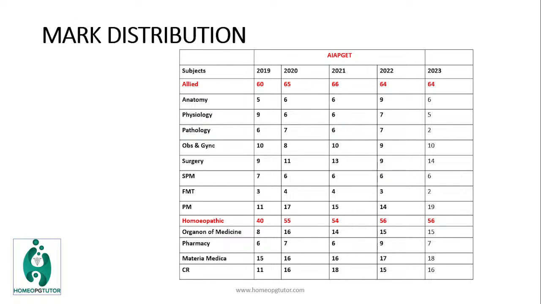So you need to read daily at least 2 or 3 drugs from Allen's keynote and Boericke. Okay, Allen's keynote was the prime till 2 years back, but now Boericke has also been used as a source material for the questions. So Boericke and Allen's keynote is very much important, and if possible read from Nash also.